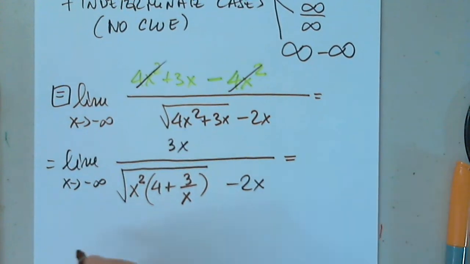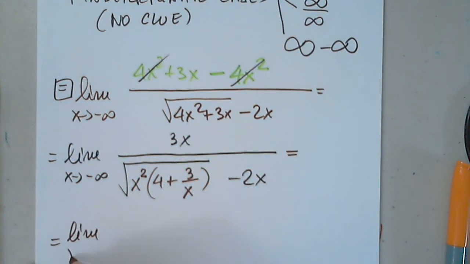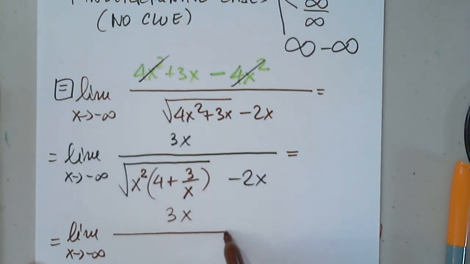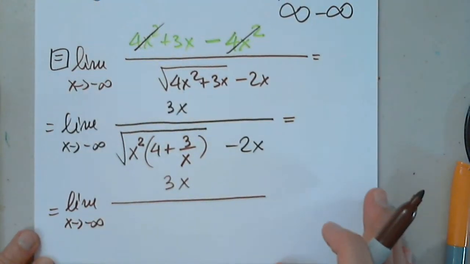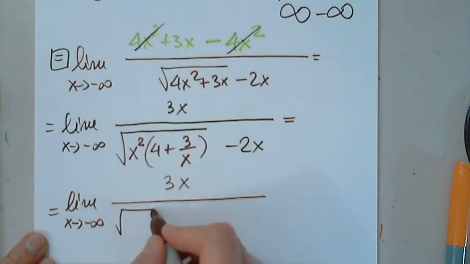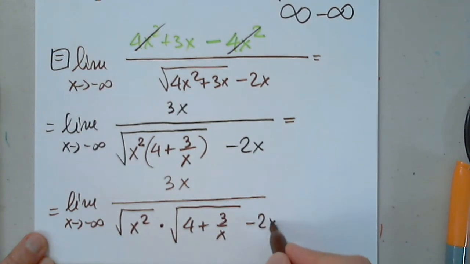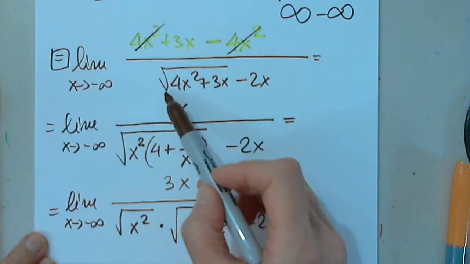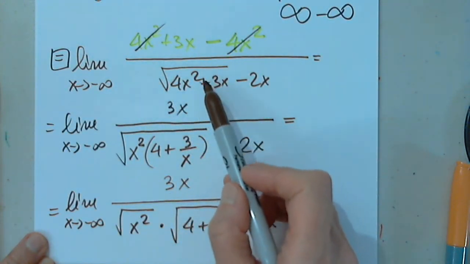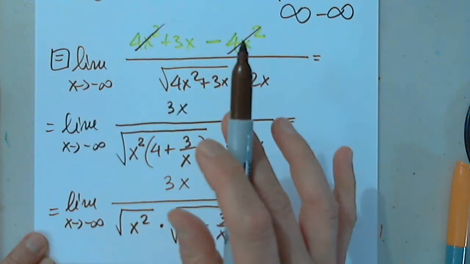So then limit as x approaches negative infinity, 3x over, let's make sure we understand what we are doing, the square root of x squared multiplied by the square root of 4 plus 3 over x minus 2x. Understand, you cannot take the square root from x squared plus the square root of 3x.